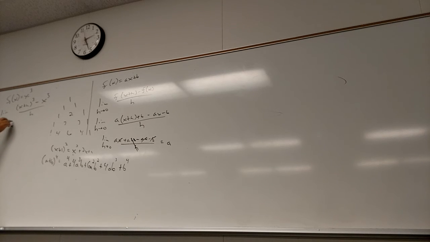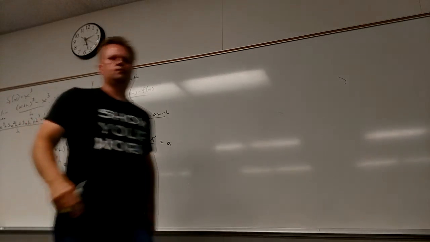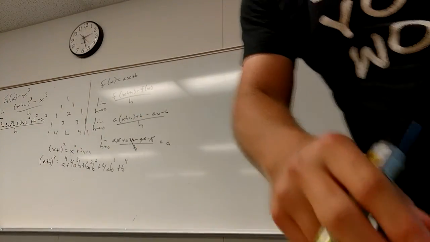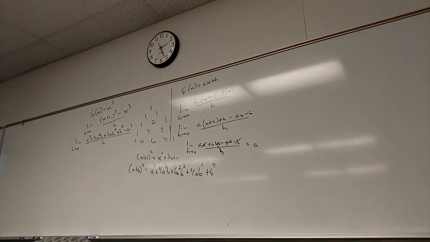Three x squared h, 1 less x, 1 more h, plus 3, 1 less x, 1 more h, plus all h's. Isn't that kick-ass? Especially if you've never seen it before. There you go.